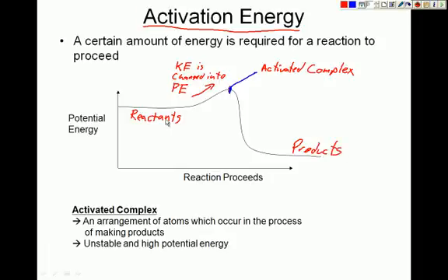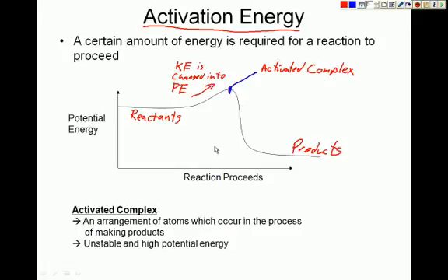So reactants are going to turn into products, but before they do, they turn into the activated complex. They only stay as the activated complex for maybe 1/10 of a second, and then they quickly change into products. Okay, they're very, very unstable.